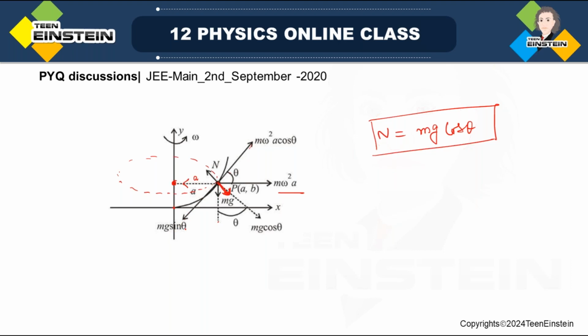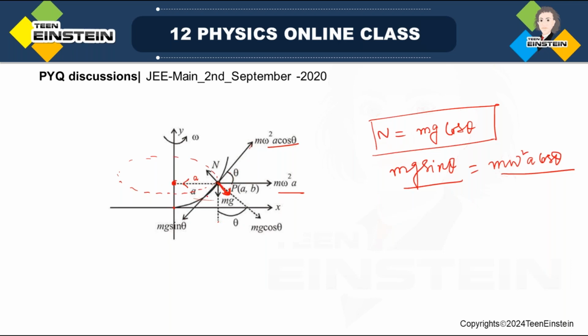That mg sin theta will be balanced by the component of the centrifugal force along this direction, m omega square a cos theta. The centrifugal force and centripetal force balance each other, so there is no net force and it stays at this particular position.